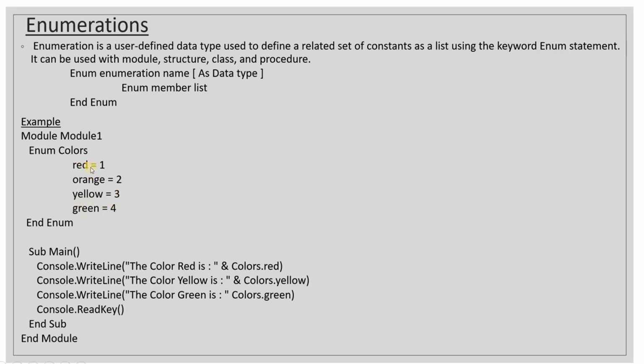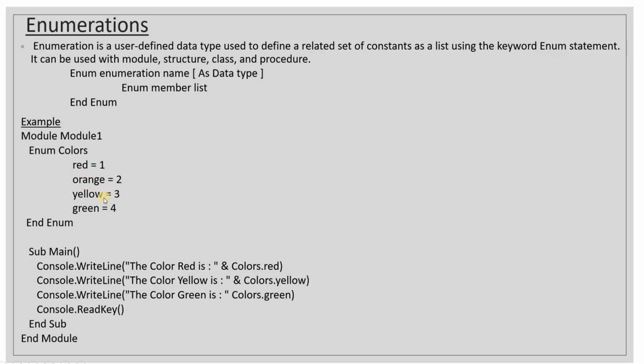And we define the value of Red equals 1, Orange 2, Yellow 3, Green 4, and End Enum. If we leave the values of Red, Orange, Yellow and Green, then Red takes the default value 1. The next value, Orange, is 2, then Yellow is 3 and Green is 4.